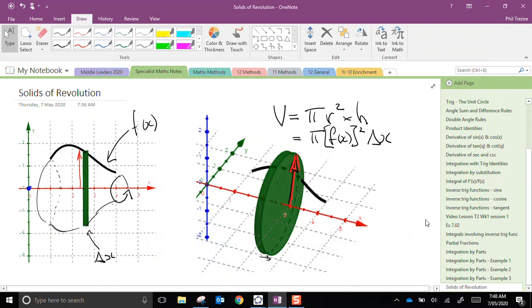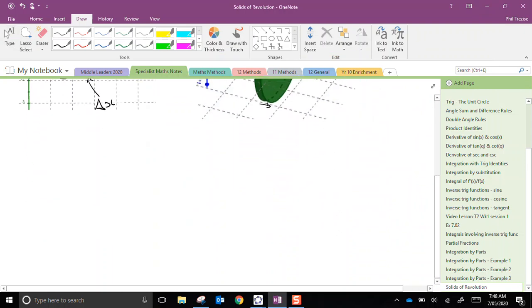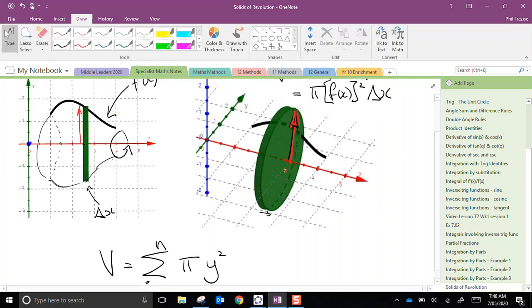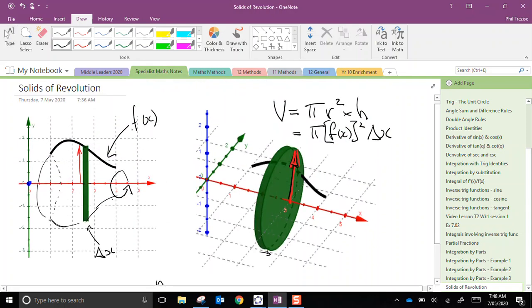Now let's go back to where we can write a few notes about this stuff, and let's write that down. We would say that the volume would be the sum from i equals 1 to n, however many there are, of our formula that we had developed, pi by, now I might just put y squared instead of f of x squared, because the notation we would often use for a function like this is y equals a function of x.